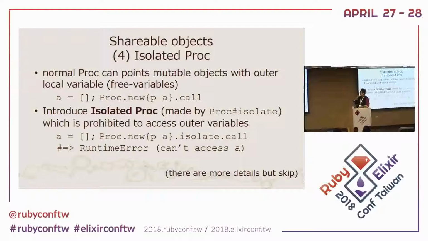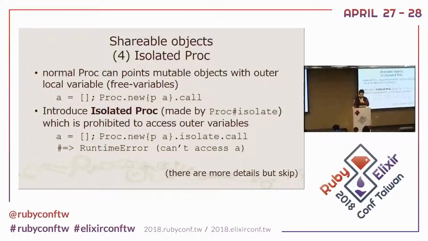And we need to introduce some kind of isolated proc. A normal proc can point to mutable objects. For example, in this line of code, local variable A points to the outer variable, and this variable points to a mutable array. It means if we share these proc objects, then some mutable objects can be shared by guilds, so we need to prohibit such a case.